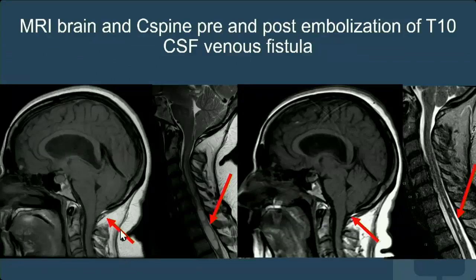So this was pre-embolization, and you can see they even had cervical spine syrinx from this severe intracranial hypotension. After the embolization, the tonsillar herniation pretty much resolved, and the syrinx was markedly decreased. So it was a good case where radiology was able to help the neurosurgeons localize this CSF venous fistula and help this patient out.